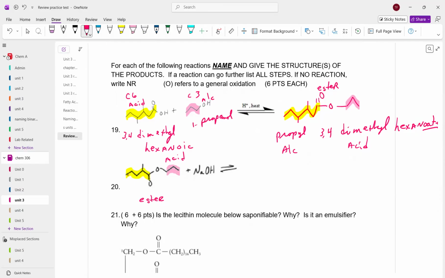So this is a 1, 2, 3, 4, 5, and so we're going to end up with a 3-carbon alcohol. And the sodium salt of the acid.